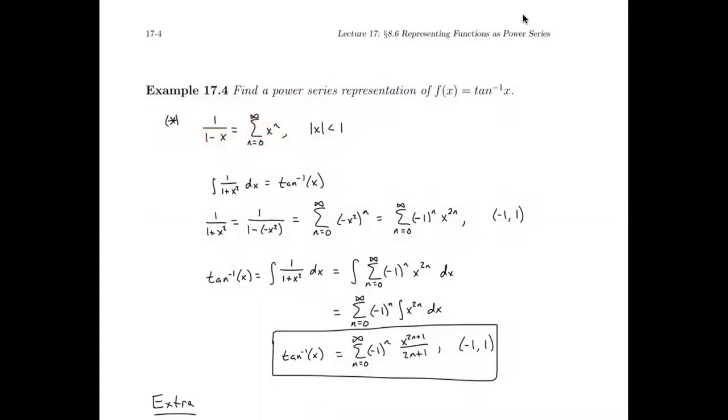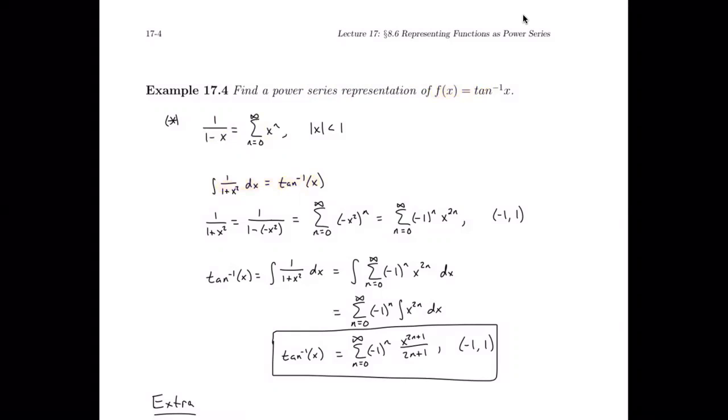The idea and the trick to this one is to recall that the derivative of tangent inverse of x is 1/(1 plus x squared), or as it's written here, the integral of 1/(1 plus x squared) is equal to tangent inverse of x. Of course, I'm missing a plus c here for the indefinite integral, but I've just chosen it to be 0 because it's going to be sufficient for us to use this identity to build a new series for tangent inverse of x.